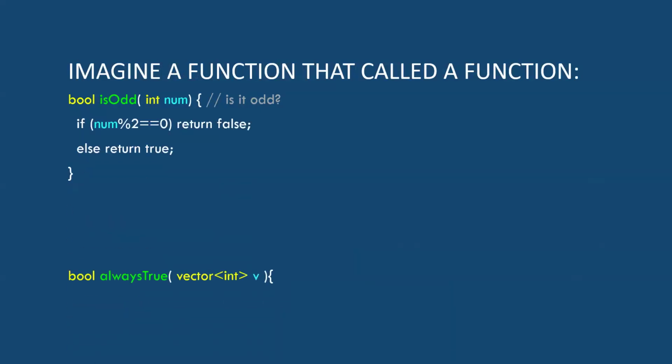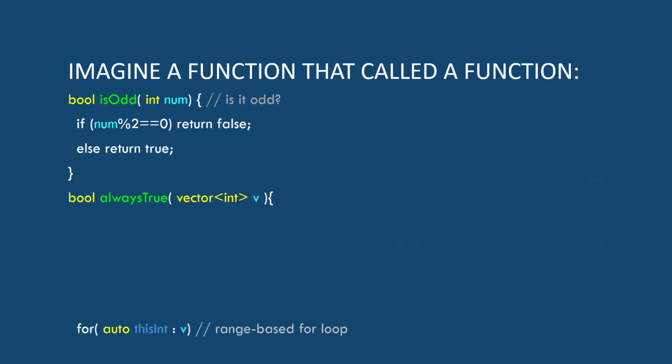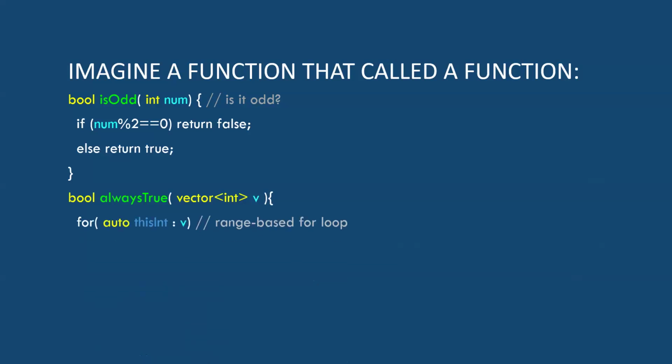Here's an example. Let's say we wanted to know if, for some vector, every element in that vector passed some test. Our test for the moment is going to be whether that item is odd. This is how I would do that.